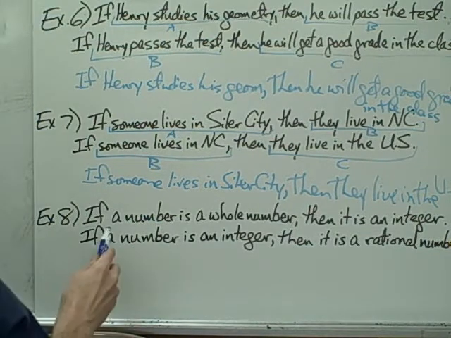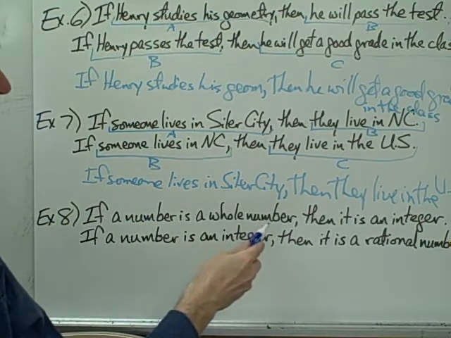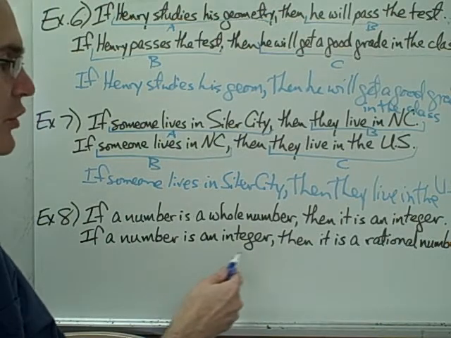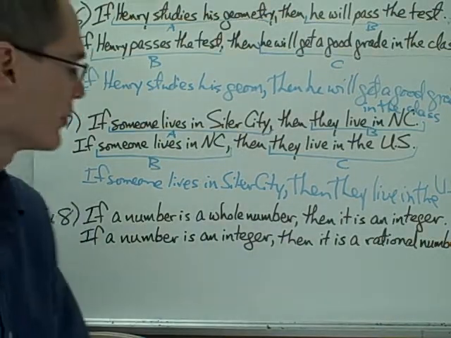Example number 8. If a number is a whole number, then it is an integer. If a number is an integer, then it is a rational number.